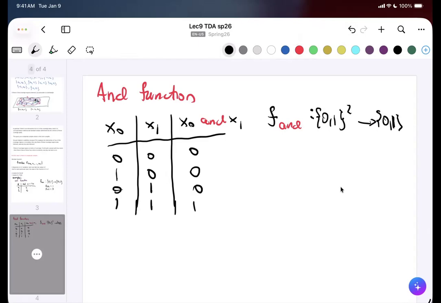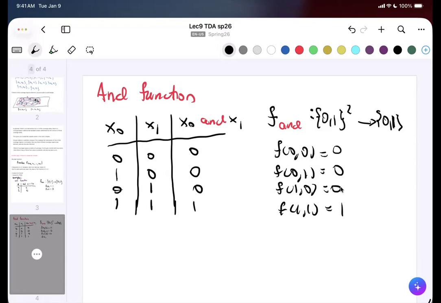And it's just defined in this same way: f(0,0) is 0, f(0,1) is 0, f(1,0) is 0, and f(1,1) is 1.